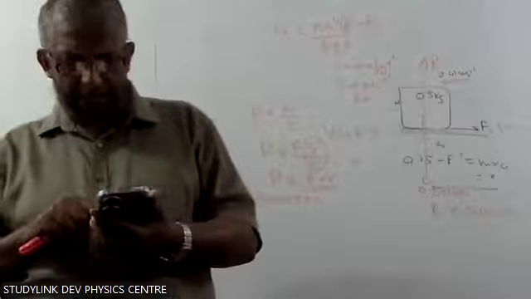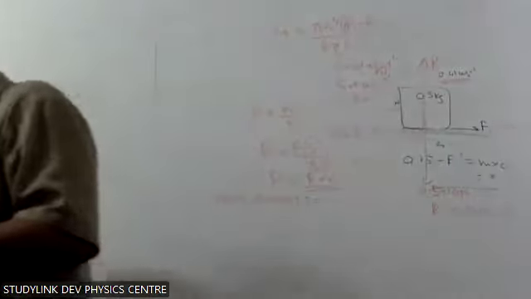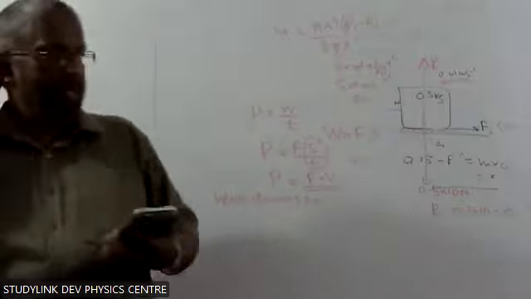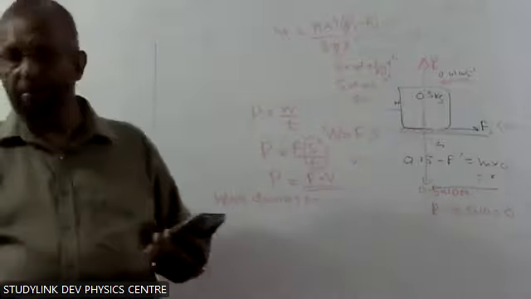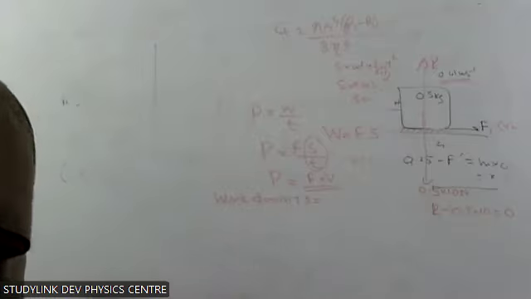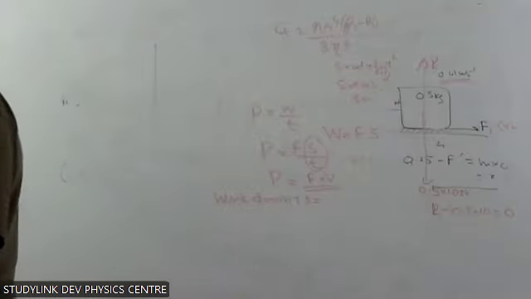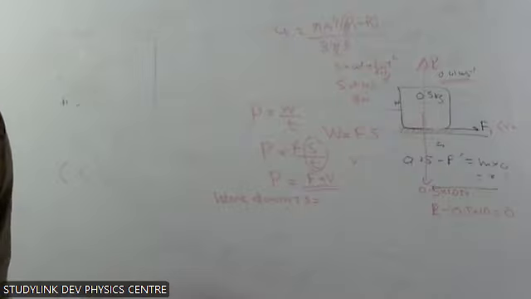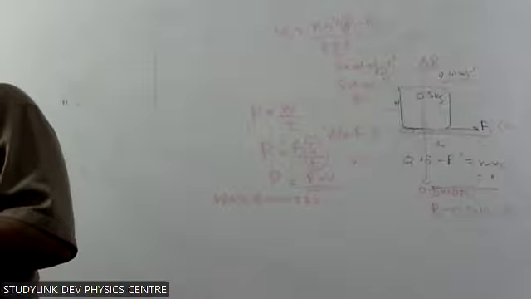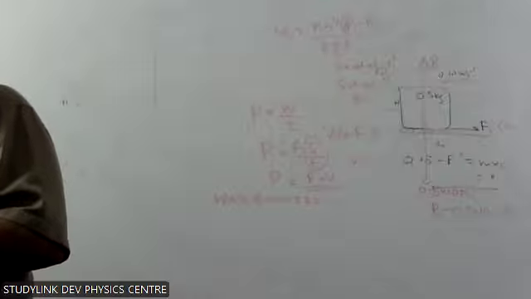For delta P, you can say the pressure difference across the tube, or along the tube. A is the internal radius, and L the length of the tube.